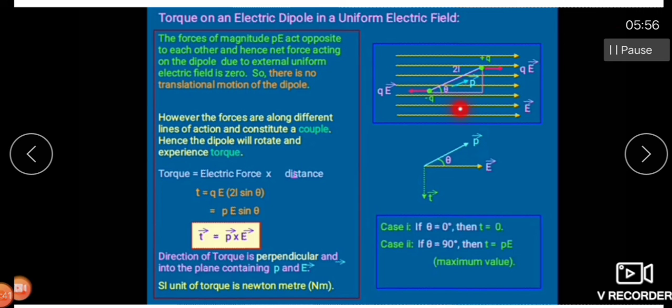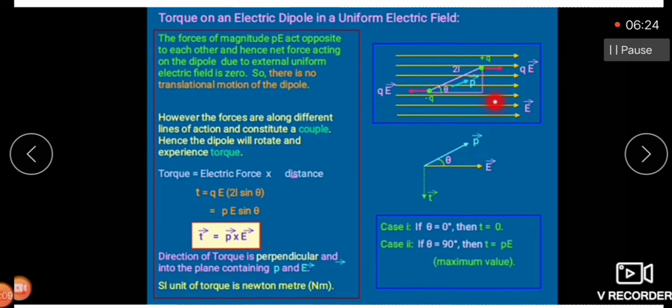at an angle theta, and due to this rotation the torque acting on the dipole is given by torque is equal to one of the forces, magnitude QE, into the perpendicular distance between one of these two charges and the line of action of the force.